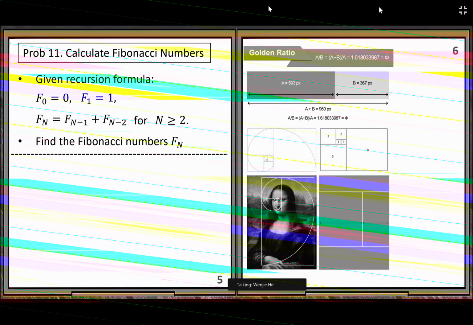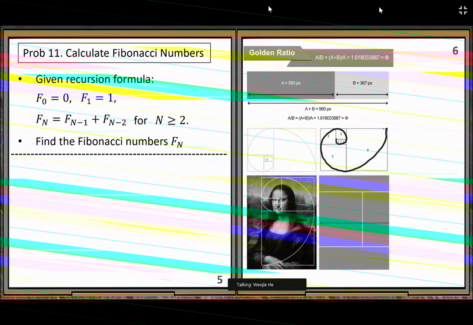You get a very smooth spiral curve like this. Some people also observe some interesting property related to the well-known painting Mona Lisa, the location of the eyes and things like that. That's something related to the golden ratio.